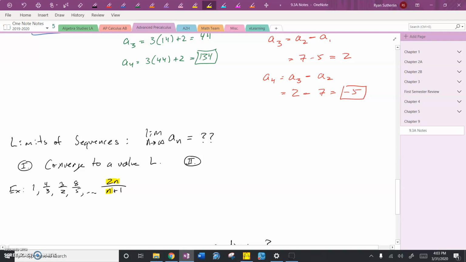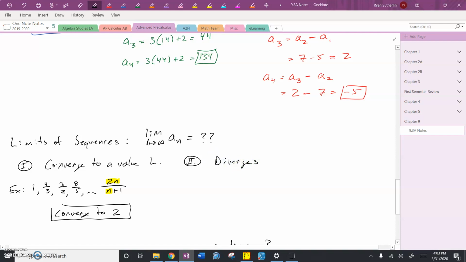They're both first degree, so the limit was the ratio of the coefficients, 2 over 1. So this sequence should converge to 2. So that means as I go, the terms are going to get closer and closer to 2, but they're never going to pass it.